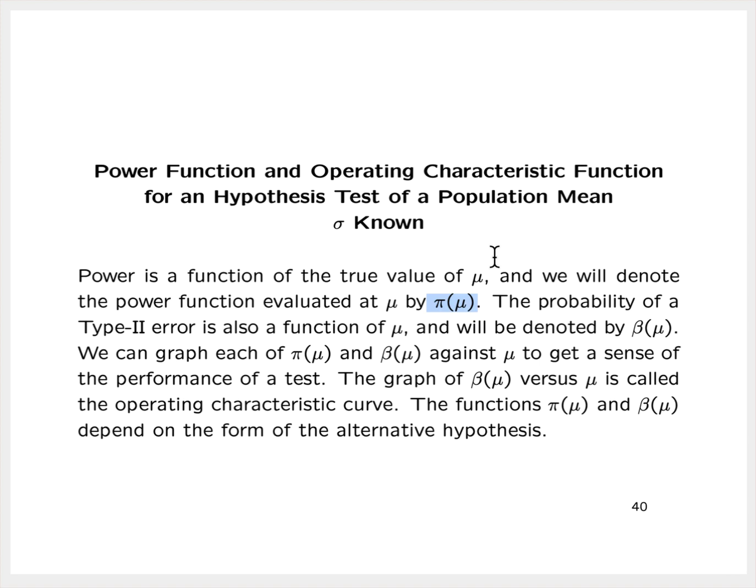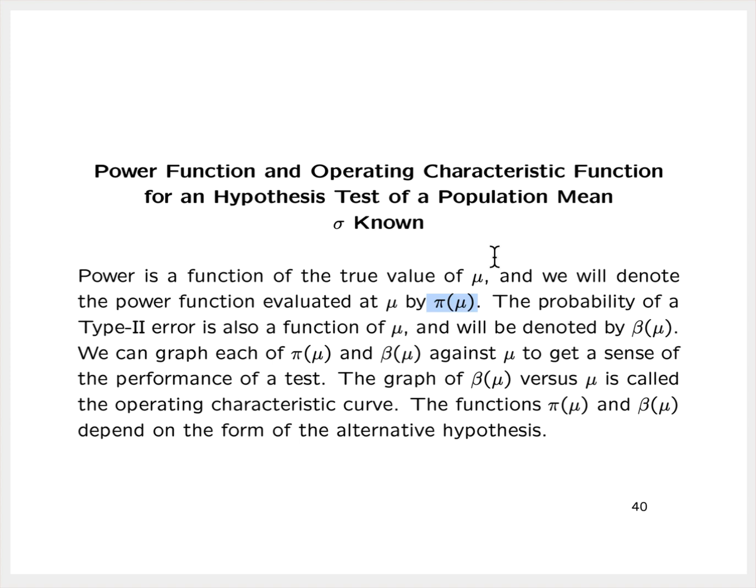It depends on the variation associated with the distribution, and so forth. So power is actually a function of several quantities, but to keep the notation fairly concise and simple, at least right now, I'm going to just show it as a function of the mean mu.